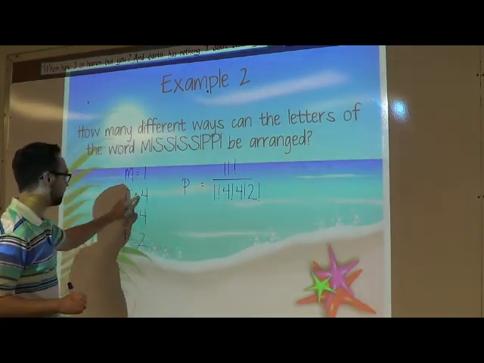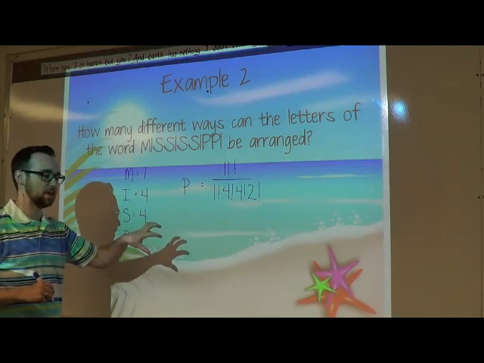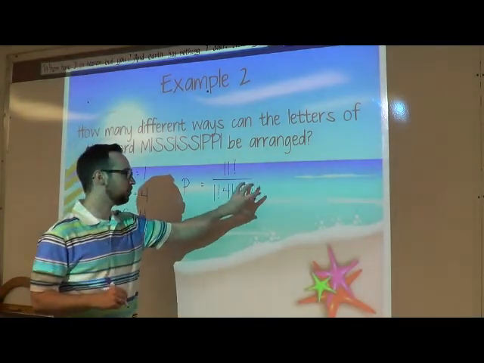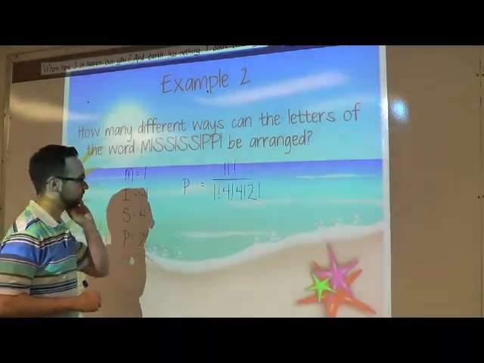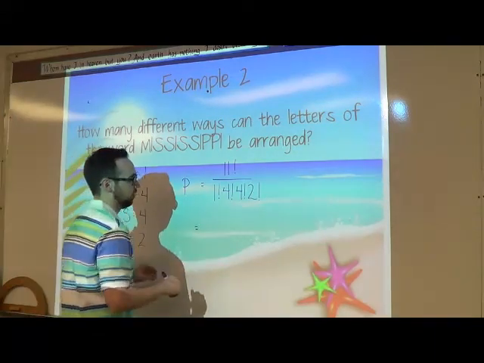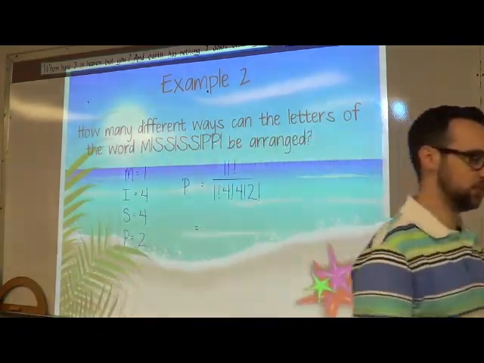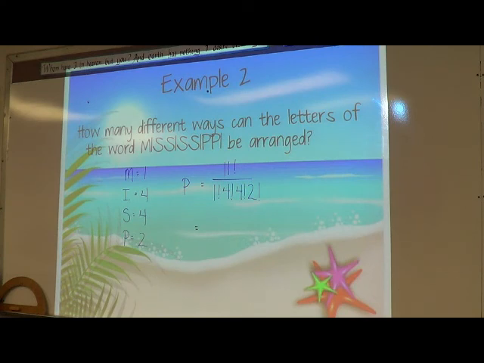So you take each of these numbers of things, the different groupings you have of things alike, and those all get multiplied across the bottom. This one, I wouldn't say to do this by hand. I'd say you could do this by calculator. And on your calculator, to find the factorial button, you'll have to go under Math, and if you go under Probability, you'll see there's a little factorial key down there.